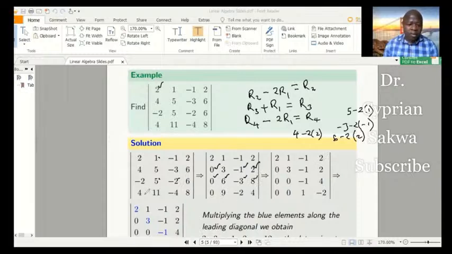I go to the last row. So going to the last row, I said that I take row 4 minus 2 multiplied by row 1.